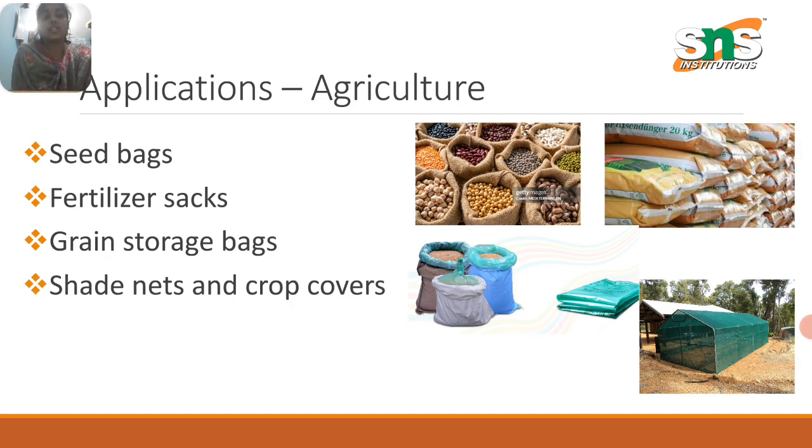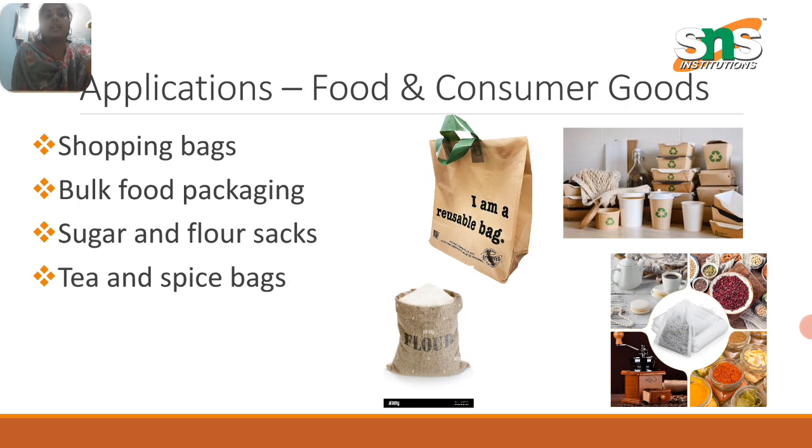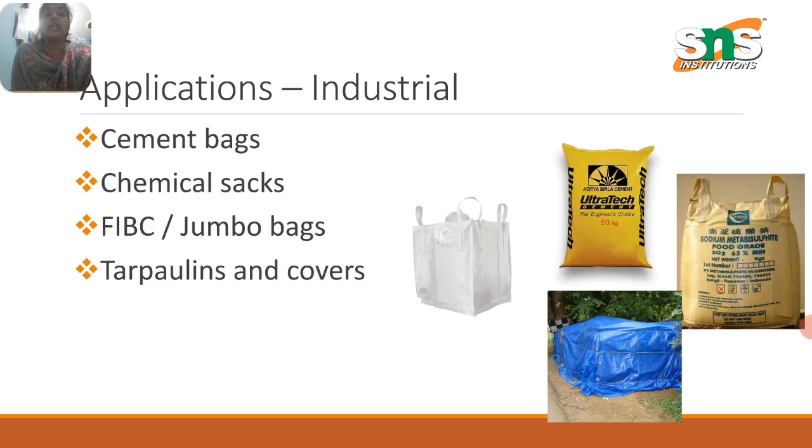So, what are the applications in agriculture? Seed bags, fertilizer sack bags, grain storage bags, shade nets and crop covers. In foods and consumer goods: shopping bags, bulk food packages, sugar and flour sacks, tea and spice bags. Those are some of the consumer goods. In industries: cement bags, cement sacks, FIBC or jumbo bags, tarpaulins and covers.